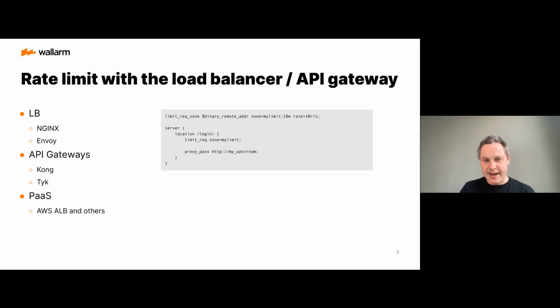This is a simple configuration for Nginx where you can create rate limiting of 10 requests per second, and that can actually protect you against different kinds of abuse. For Kong, which is an open source API gateway, and Tyk, which is also an open source API gateway, you can have a UI where you log in and set the rate limiting.